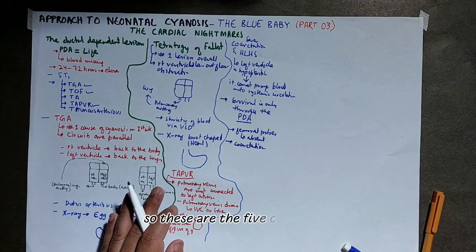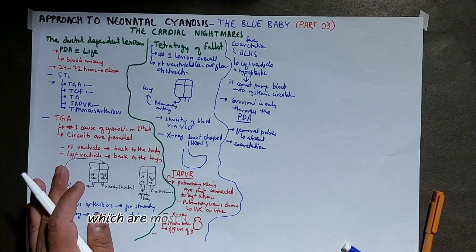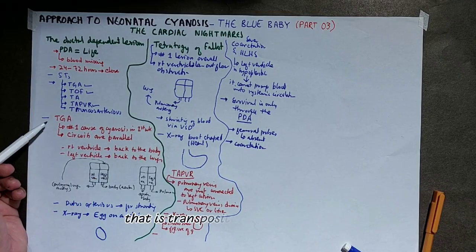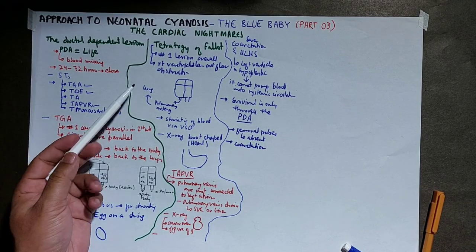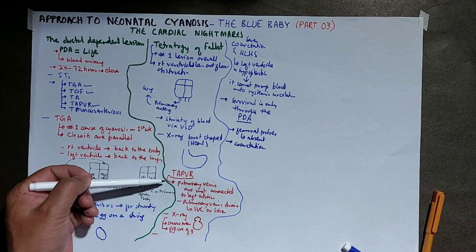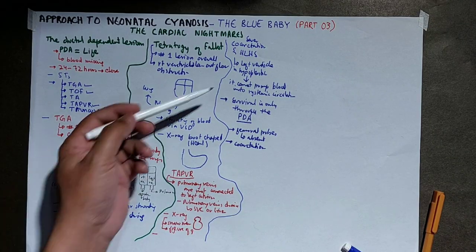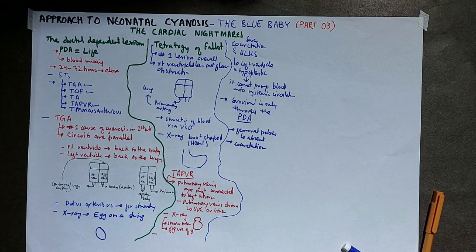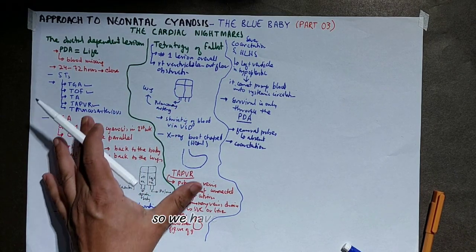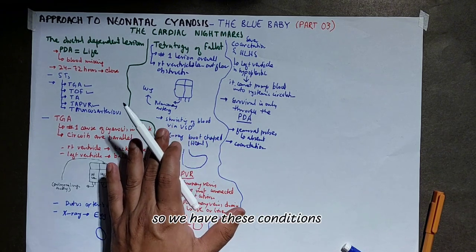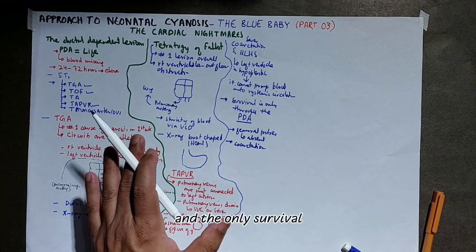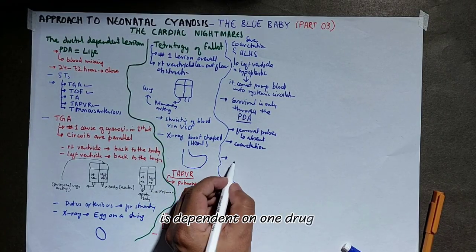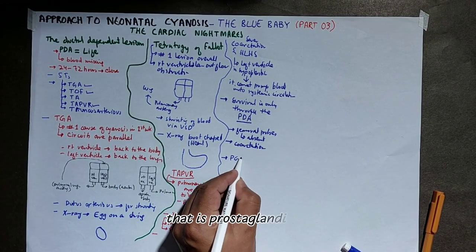So these are the five conditions which are mostly asked in your board examination: transposition of great arteries, tetralogy of Fallot, total anomalous pulmonary venous return, critical coarctation, and hypoplastic left heart syndrome. We have these conditions, and the only survival is dependent on one drug, that is prostaglandin E1.